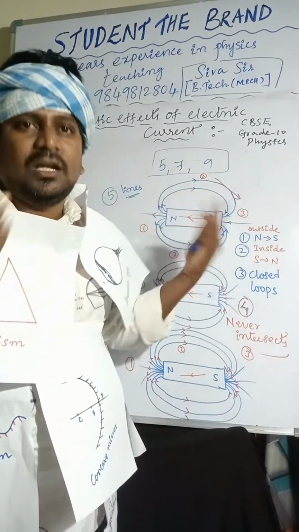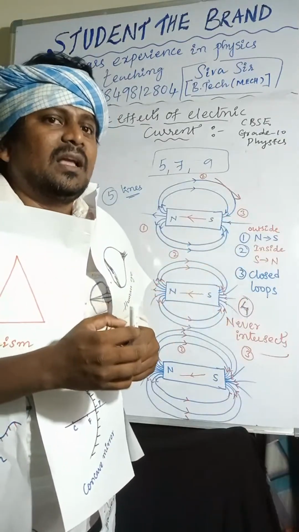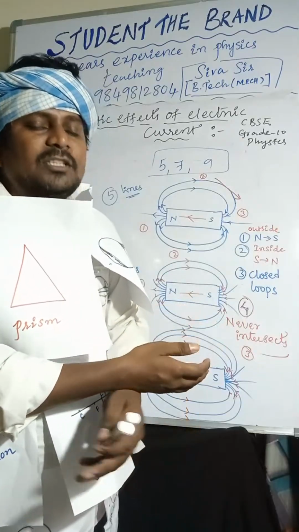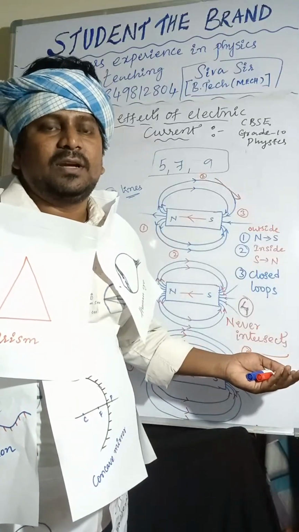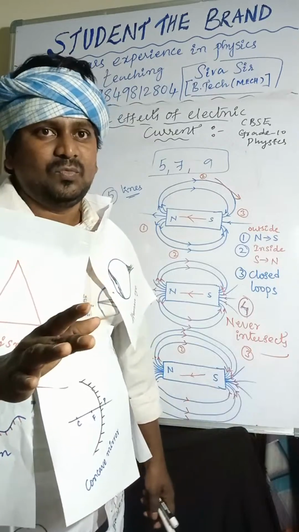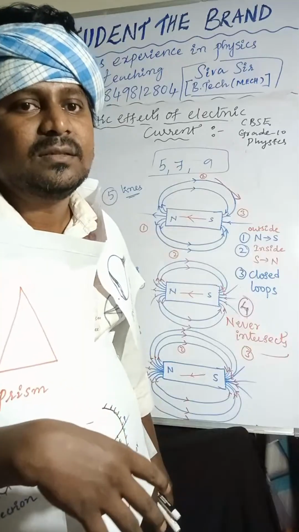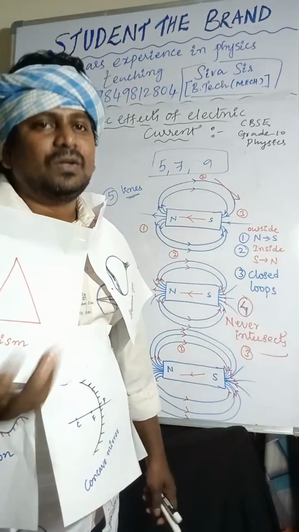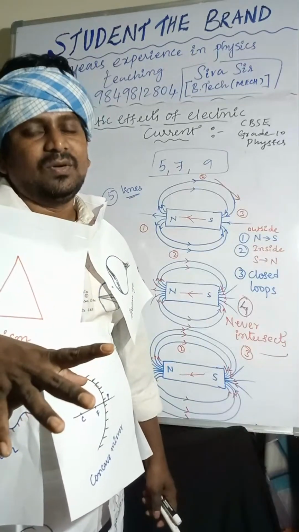If the lines intersect, then at the point of intersection the compass should show two directions, which is not possible. The compass only shows one direction at a time.